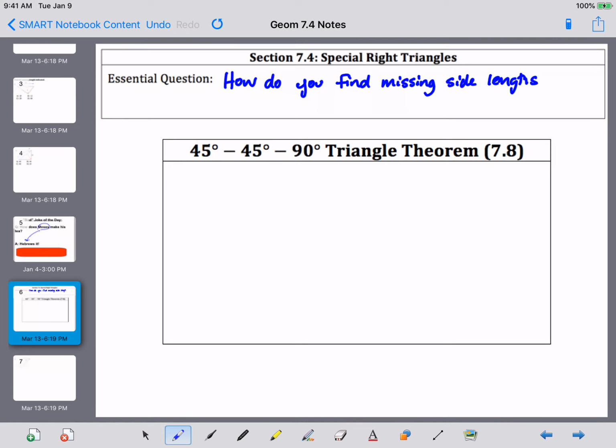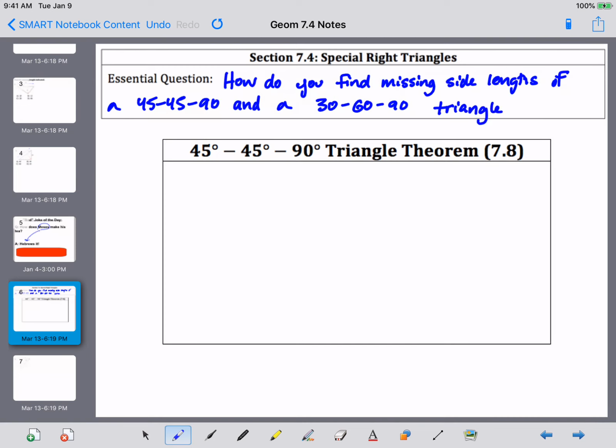That is, of a 45, 45, 90 triangle and a 30, 60, 90 triangle.